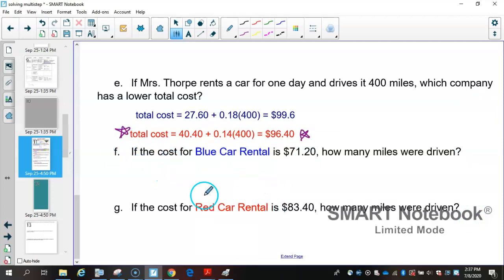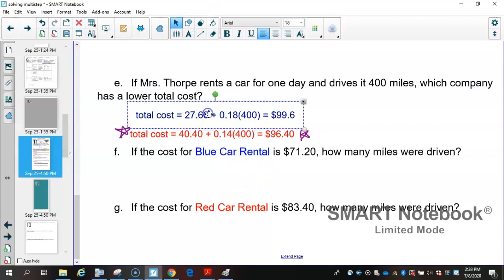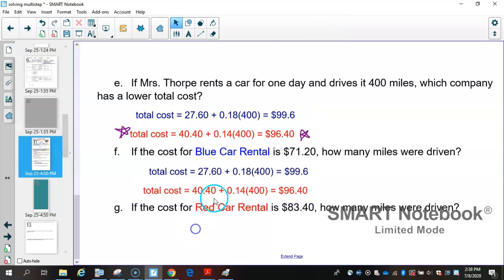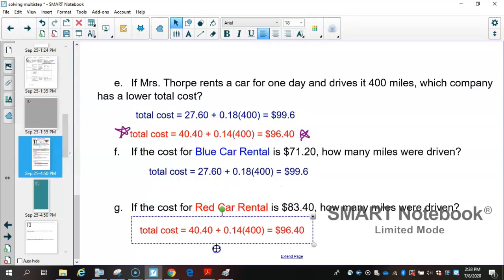Alright, now for F and G, the last two questions. Now it's giving us the cost, and we need to know how many miles we've driven. So it's kind of doing the backwards version of what we've been doing all along. So I'm going to take this equation and kind of get rid of some stuff.